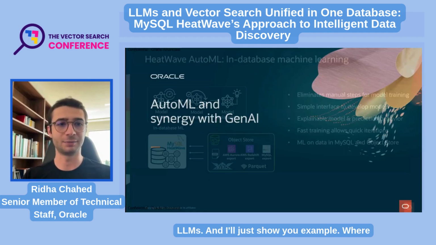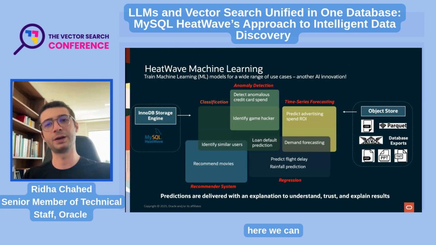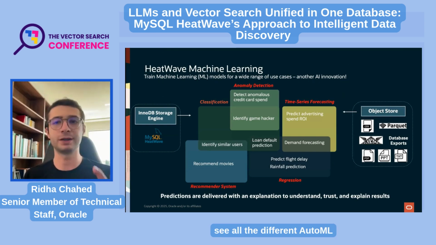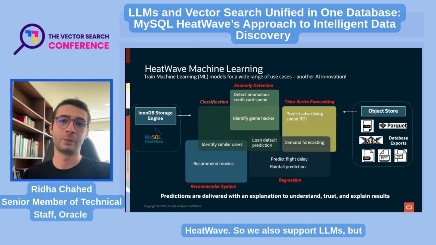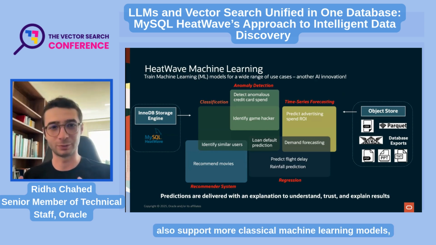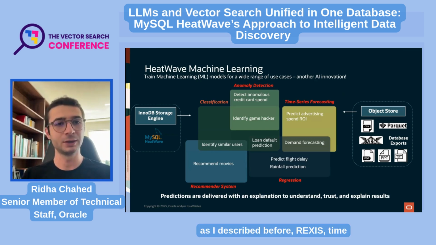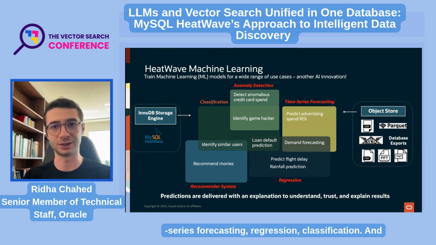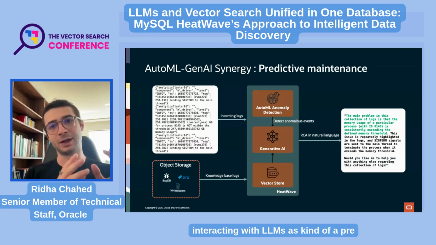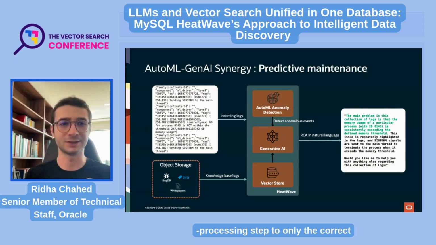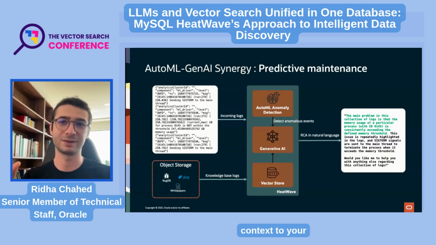Here we can see all the different AutoML models that we support within MySQL HeatWave. We support LLMs, but also more classical machine learning models: recommender systems, time series forecasting, regression, classification. The idea is to have AutoML models interact with the LLM as a pre-processing step to feed only the correct context to your LLMs.